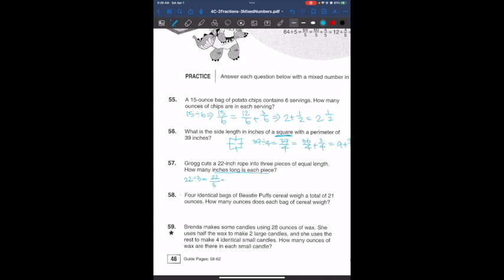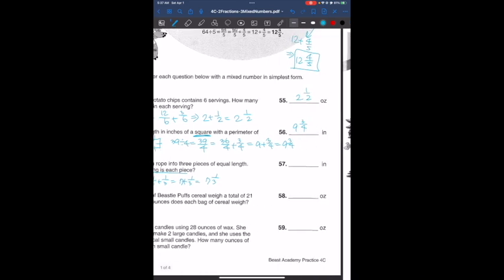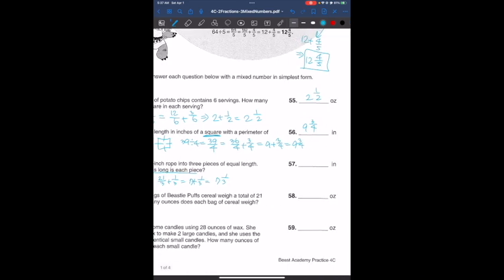And so that can be written as 21 over 3 plus 1 over 3. So that's going to be 7 plus 1 over 3. So that's going to be 7 1/3. So each rope is going to be 7 1/3 inch long.